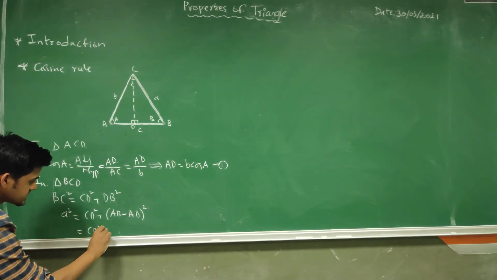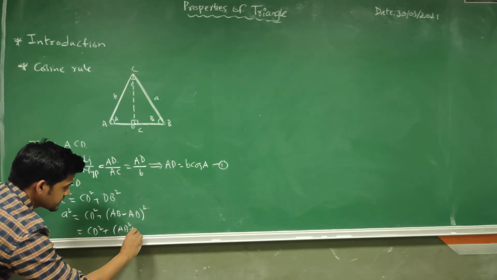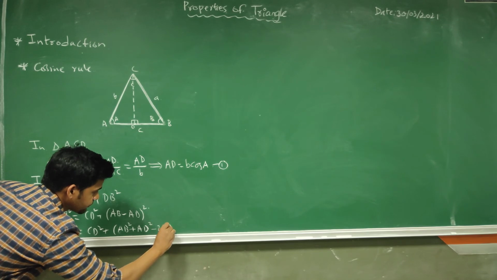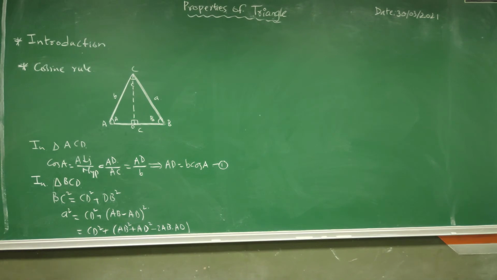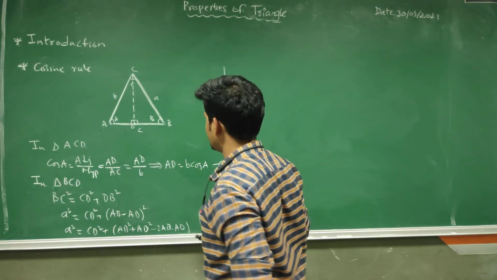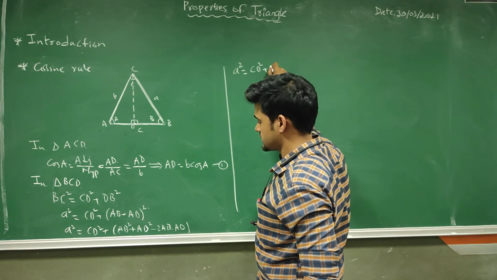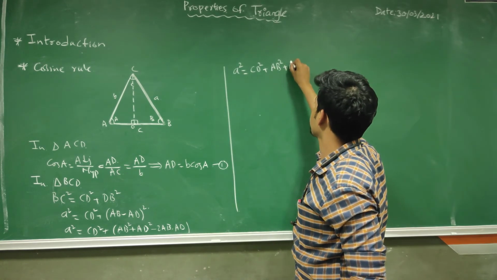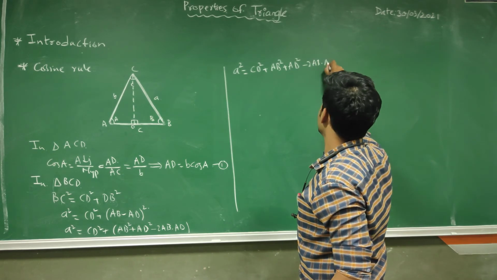So you will get CD square plus AB square plus AD square minus 2AB into AD. Correct? Okay, so here we have a square. Now a square is nothing but CD square plus AB square plus AD square minus 2AB into AD.